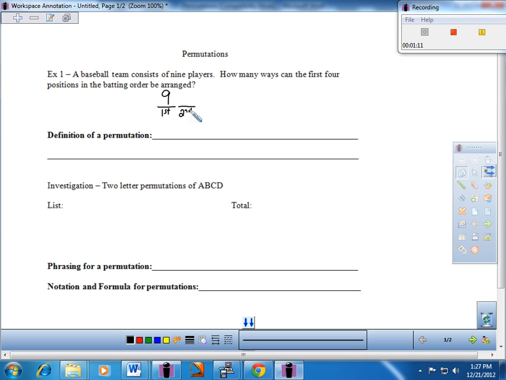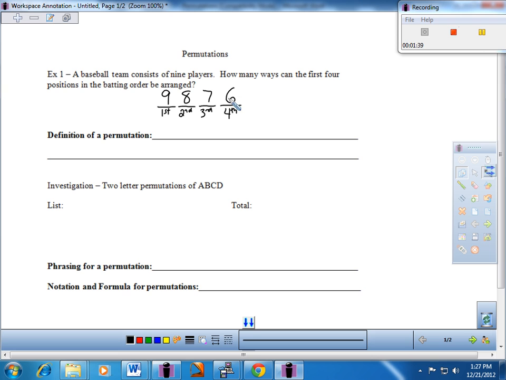I would figure out how many players are left, and if somebody batted first, then there are only 8 players left to bat second. Working our way on down, how many possibilities are there for a third batter? It looks like 7.